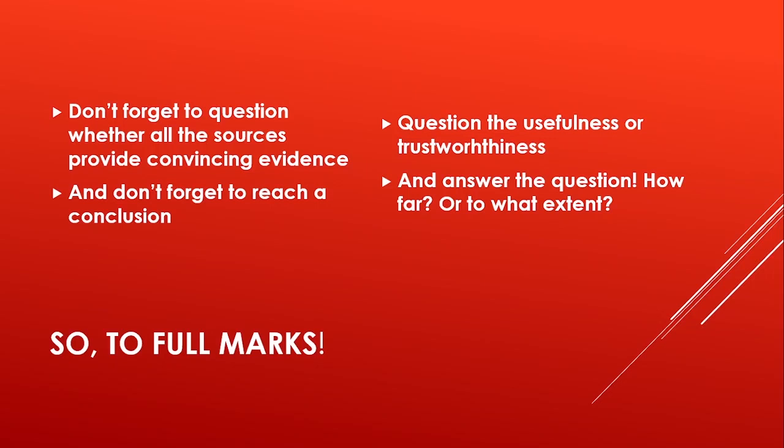How far or to what extent do they provide convincing evidence? Overwhelmingly, largely, on the whole, to some extent, not convincingly, or not at all. I don't think you'll have either of the 2 extremes, but they're there to show you a full range of possible conclusions.